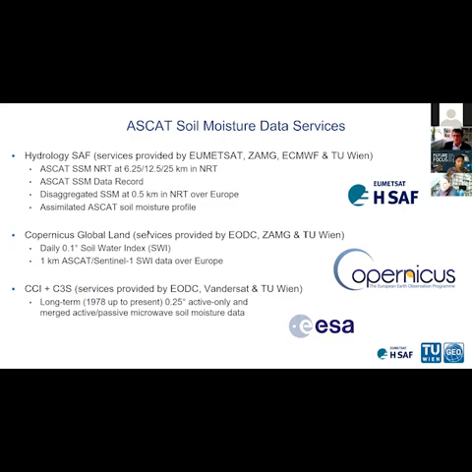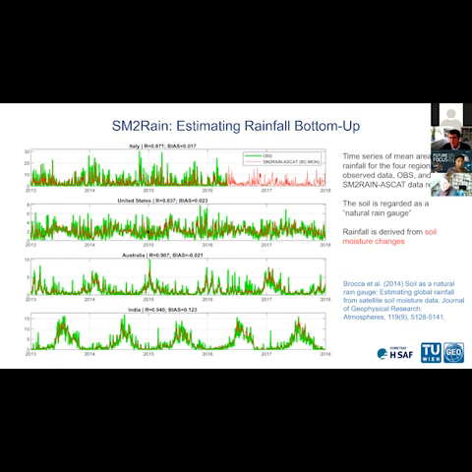One product that is becoming operational within the next year, as I already said, is a very exciting development. This is a rainfall data product that is derived from the soil moisture data. Normally, people always think the other way around, so that they take precipitation and then try to model the soil moisture content. So essentially, this is turning the procedure around.